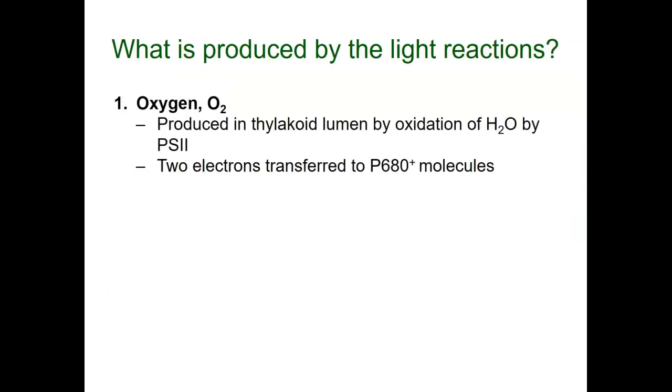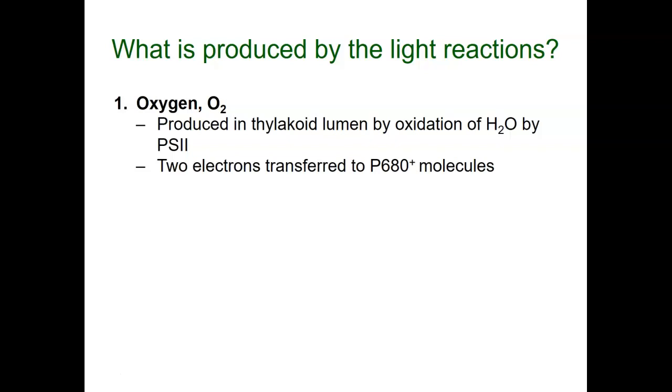So what is actually produced by these light reactions? Well, first of all, it's important to point out that oxygen is produced. When that water gets lysed in the photolysis step, in the thylakoid lumen, we are actually producing oxygen. That's taking place at photosystem 2.